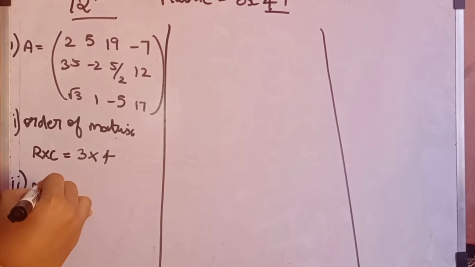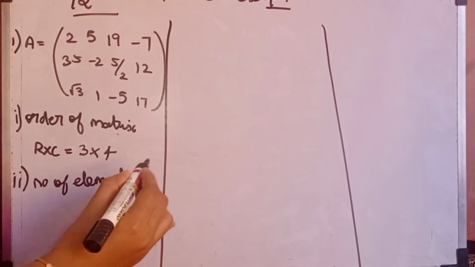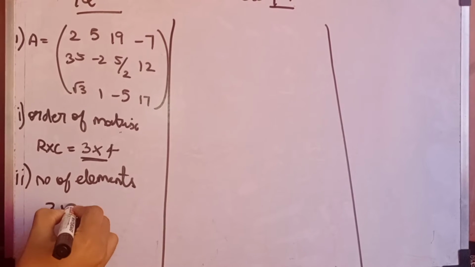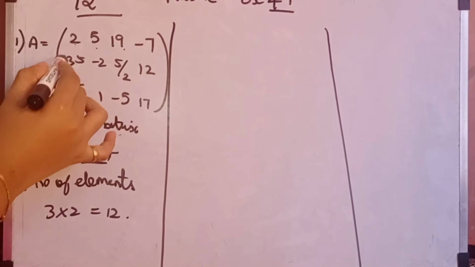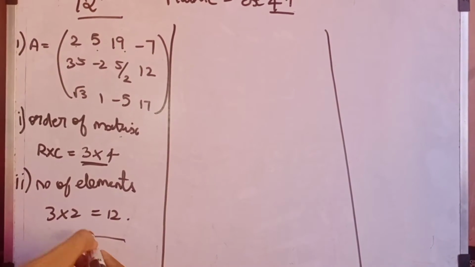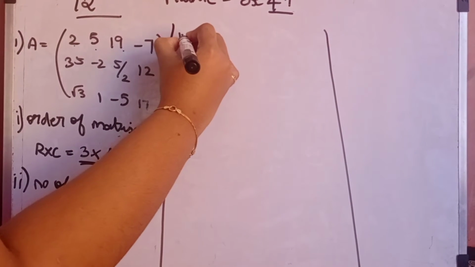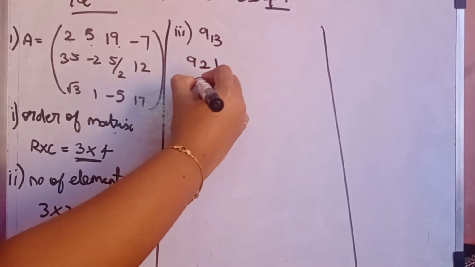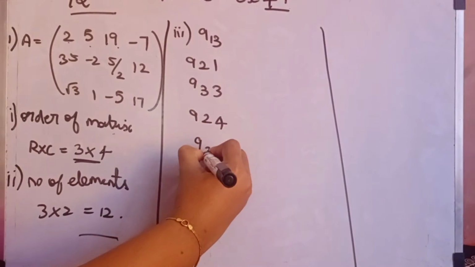In the second subdivision they have asked for the number of elements. The number of elements is nothing but you need to multiply the order of the matrix. If you multiply it, you will get 12 elements, right? Or else you can count the number of elements in the matrix. If you count it, you will get the same 12. This is the way to find the number of elements. The third thing they have asked for is the values of a13, a21, a33, a24 and a23.